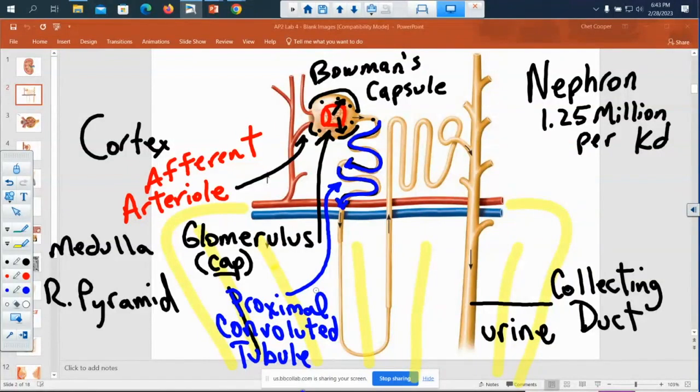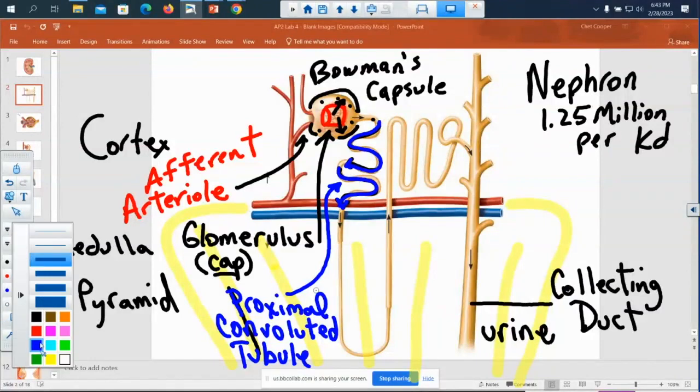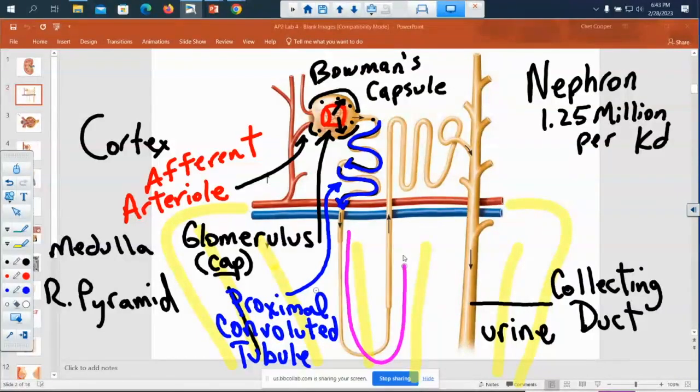And that proximal convoluted tubule, when it straightens out and it makes this loop, it changes its name. So right here, when it does that, now they're going to call it the loop of Henle. H-E-N-L-E.